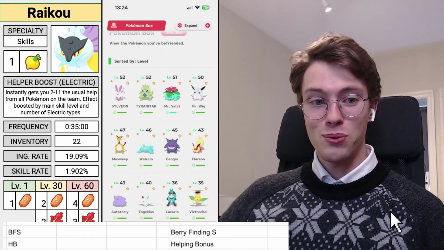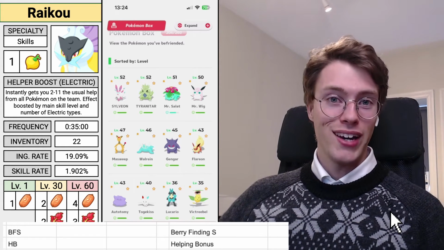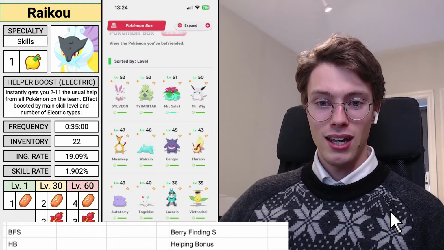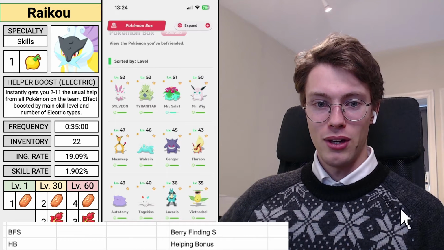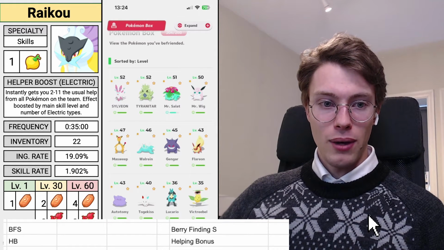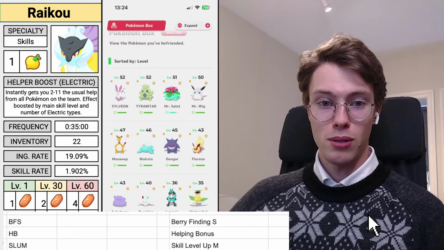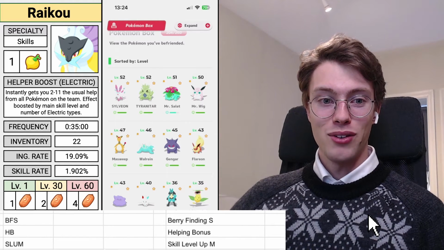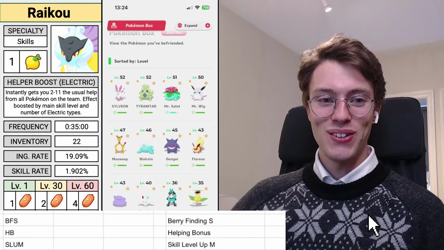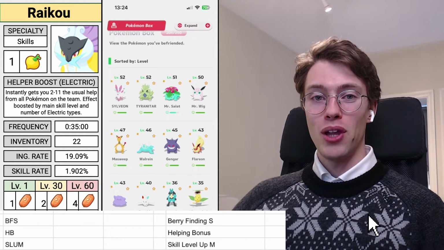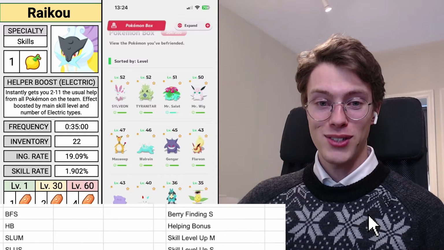So the first one is BFS, Berry Finding S. It refers to the subskill berry finding. Then we have HB, that is helping bonus, another subskill. We have SLUM, skill level up M, which is another subskill.